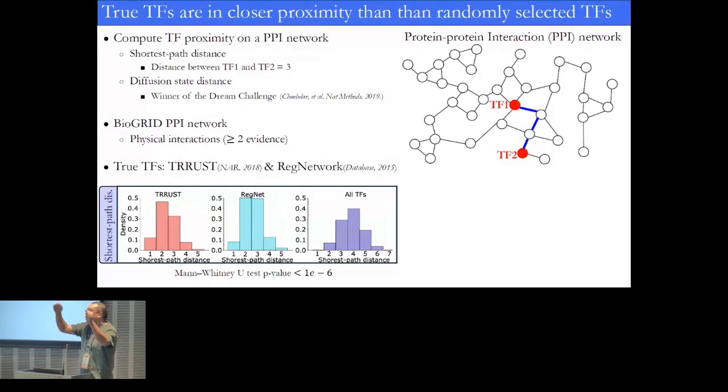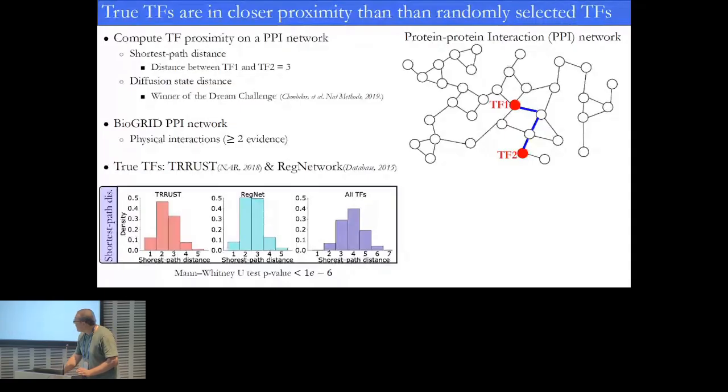Then we go over all those known transcription factors that regulate the same gene and compute the shortest path distance. Then we can draw the distribution of it. Based on this figure, we can conclude that the average distance between two transcription factors that we know regulate the same target gene is 2.